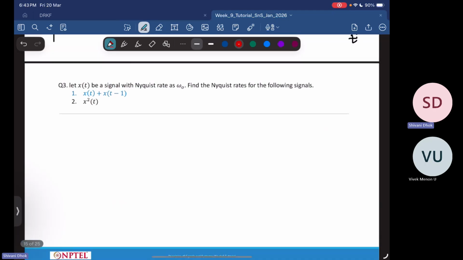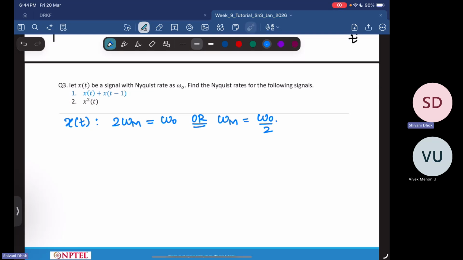So what is given to us is x of t is a signal with Nyquist rate omega naught. So 2 times omega m, where omega m is the maximum frequency, is omega naught, or the maximum frequency in x is omega naught by 2.